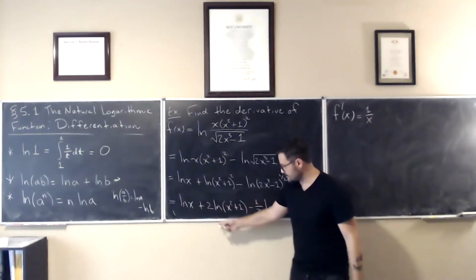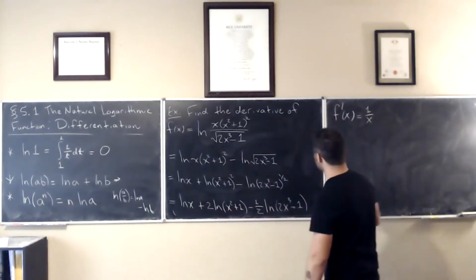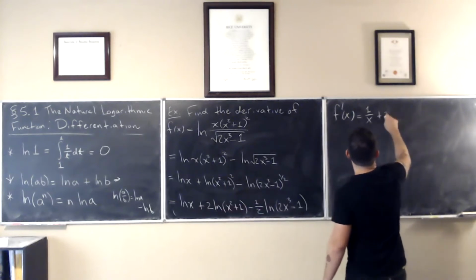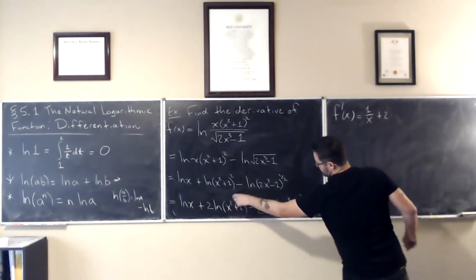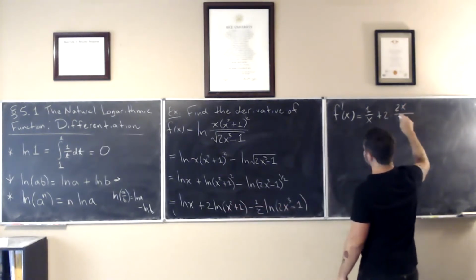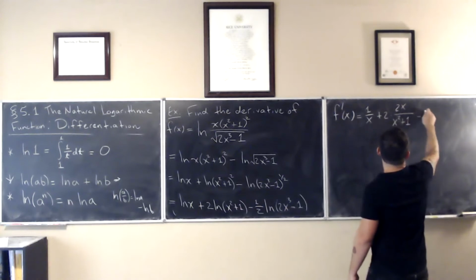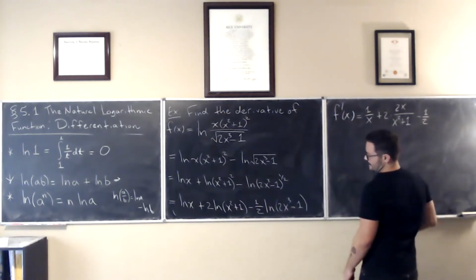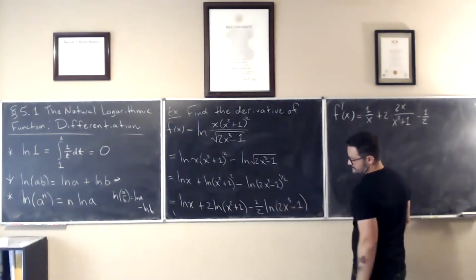And then 2 times the derivative of this. We did this earlier, right? We did the derivative of natural log of x squared plus 1. So 2 times the derivative of that over that, basically. So x all over x squared plus 1, minus 1/2 times the derivative of this over this.